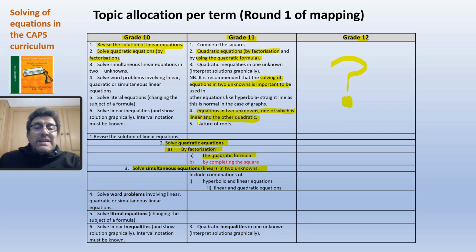But now, for the grade 11 year, it says include combinations of hyperbolic, which is the hyperbola and linear together. So we include hyperbolic and linear, and we also include the linear and the quadratic, only in grade 11.